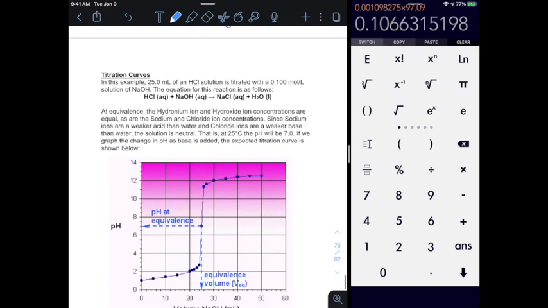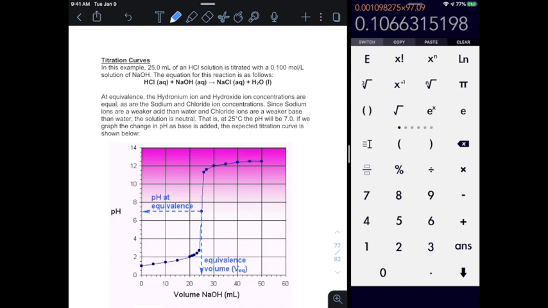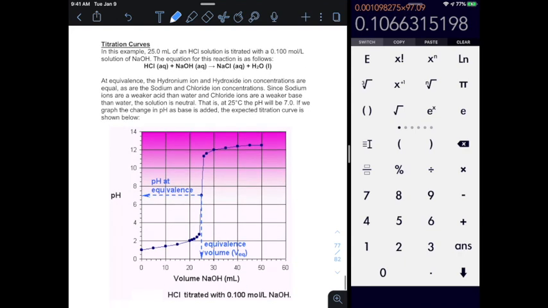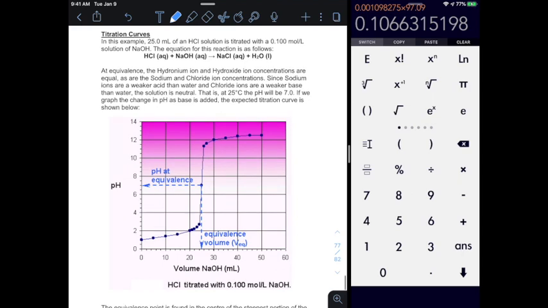Now, if you were very careful, especially with a pH meter, you could actually measure the pH throughout this titration process. So as you're adding the base to the sample, you could measure a pH. So here we have an example where we have 25 mL of hydrochloric acid, and we're adding some base to it. And notice that even though you're adding base, because the base is instantly neutralized, and the hydrochloric acid has a very low pH, the pH will actually change very slowly due to the equilibrium effects.